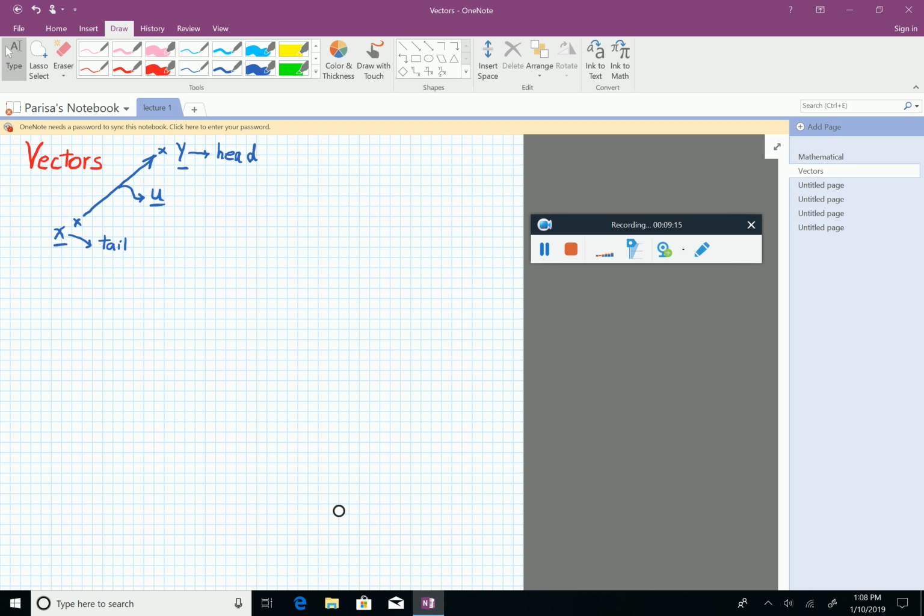For example, using this notation, we can say that to get to the point Y, we have to go from point X through vector U. And similarly, vector U we can write as the subtraction of the 2 points. So this is not subtraction as you have seen in elementary algebra. This is an operation which is a point difference.